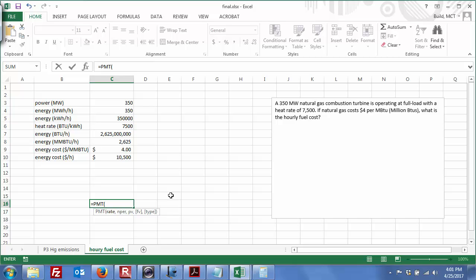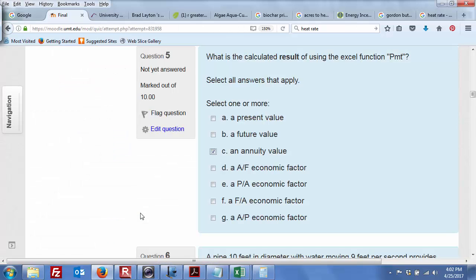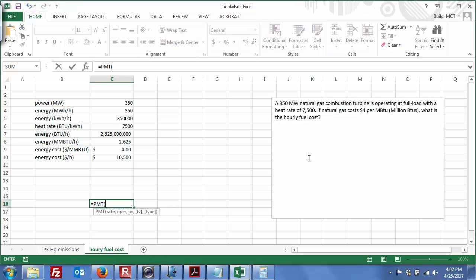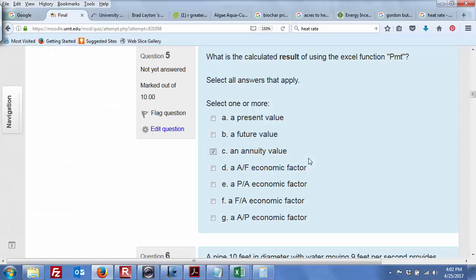So you've got the rate, the number of periods, present. It's got future values sitting out there though, doesn't it? I think it only does the annuity. I don't think it'll do the future value.